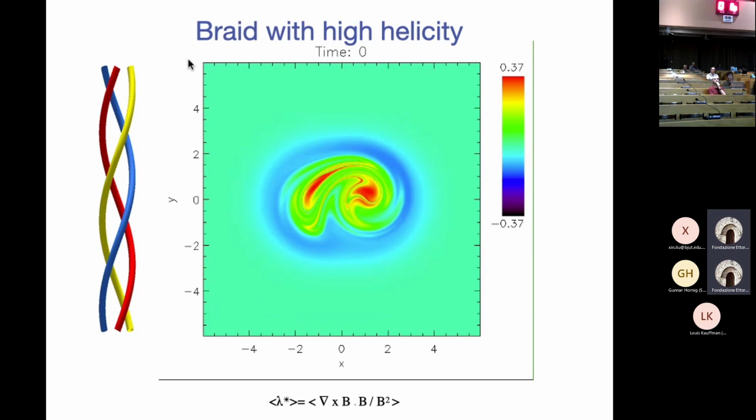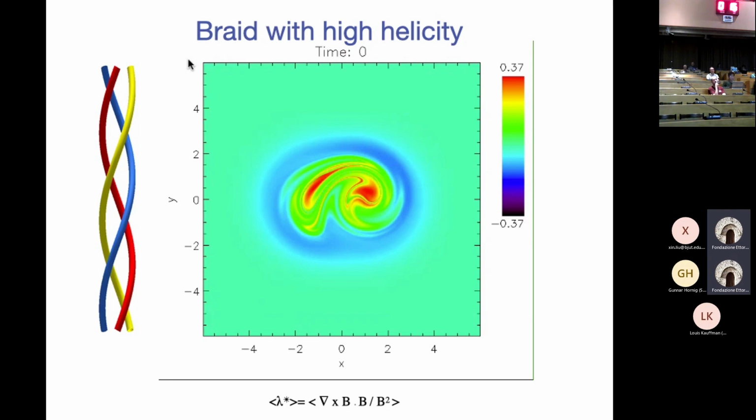We, for instance, used a braid which has only positive helicity, where our twist regions are all of the same direction. So this inserts a total helicity. We have a non-vanishing total helicity in our field. Previously, the total helicity was 0 because we had as many left-handed as right-handed twist regions.